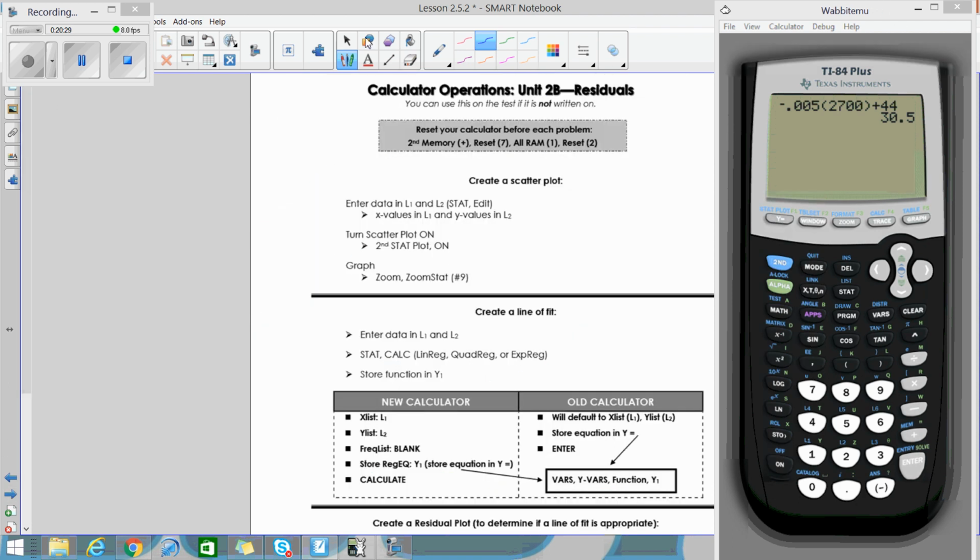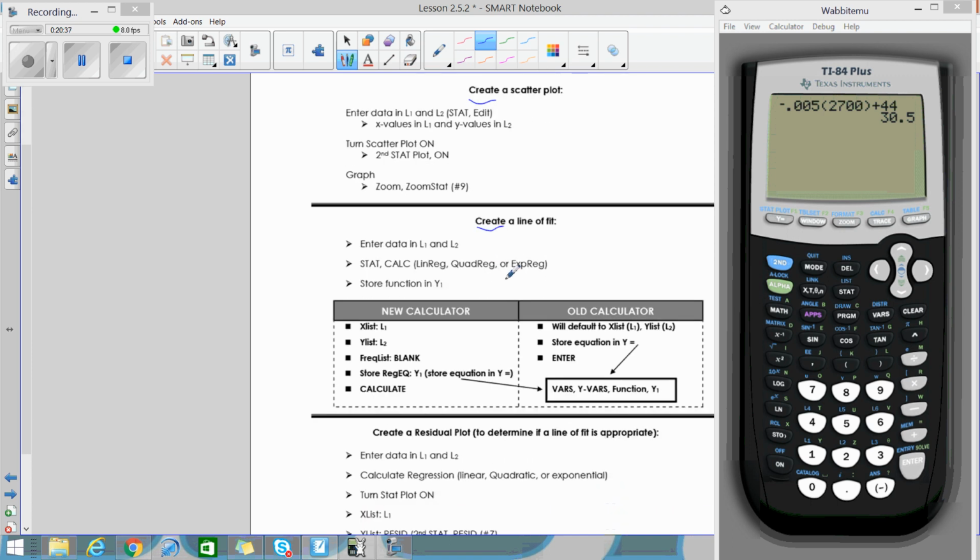Now, this is your residual cheat sheet. It literally walks you through how to create a scatter plot and how to create a line of best fit. It then also tells you about storing your function, which is one thing that I didn't do. Storing it means you can put it into your calculator, into the Y1 portion. I haven't done that yet, but we can.